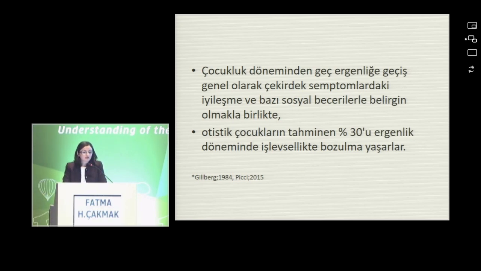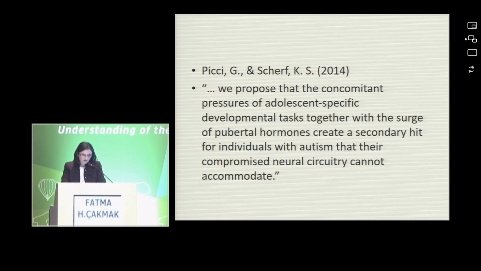In 2015, a recent study was developed by Picci and Scherf, and they have a theory, the two-hit model. Knudson's 1971 multi-genetic mutations and cancer development related theory, and in 2001 Maynard adapted it to schizophrenia, and Picci and Scherf thought that it can be interpreted for autism.